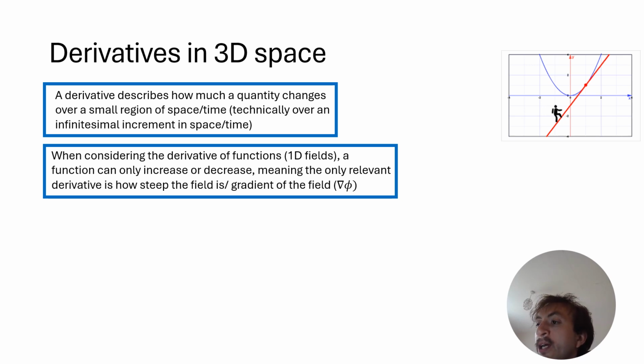And if we look at typical functions, like y equals x squared, well, the input there is x and the output is y, so y is the thing we're interested in. But if we look at every possible value of y, we can put all those values on a number line, essentially a one-dimensional line, meaning we can consider functions like y equals x squared a one-dimensional field.